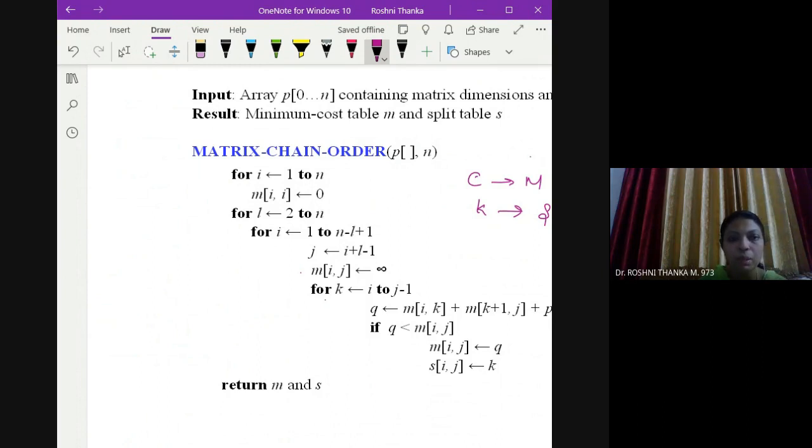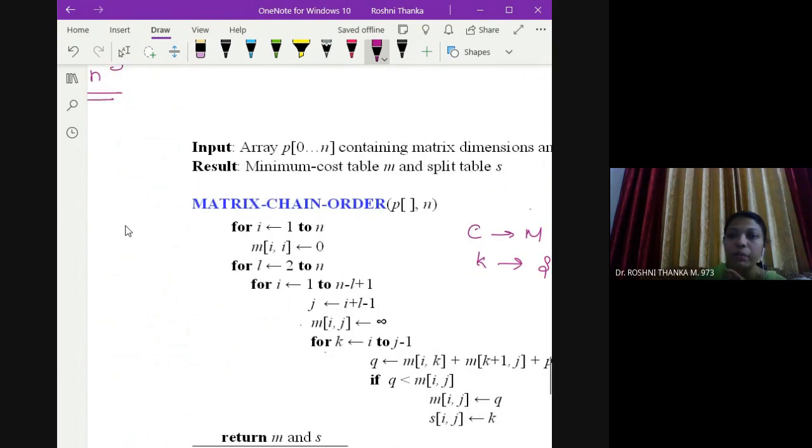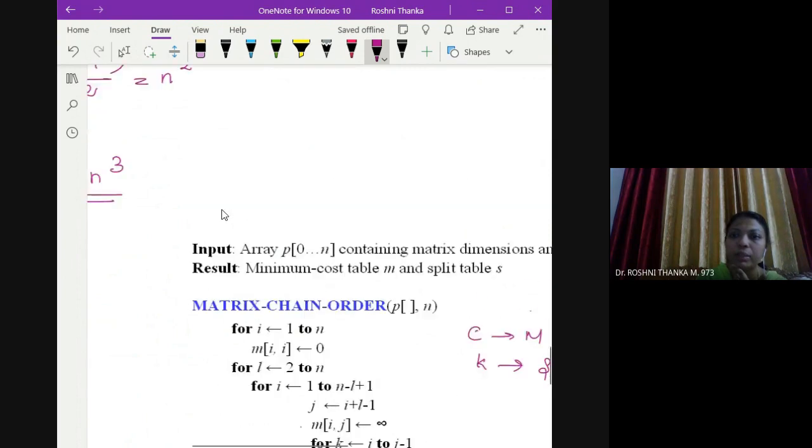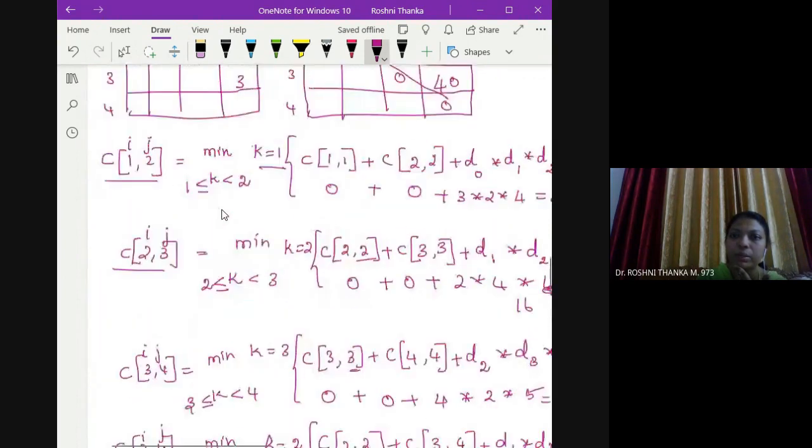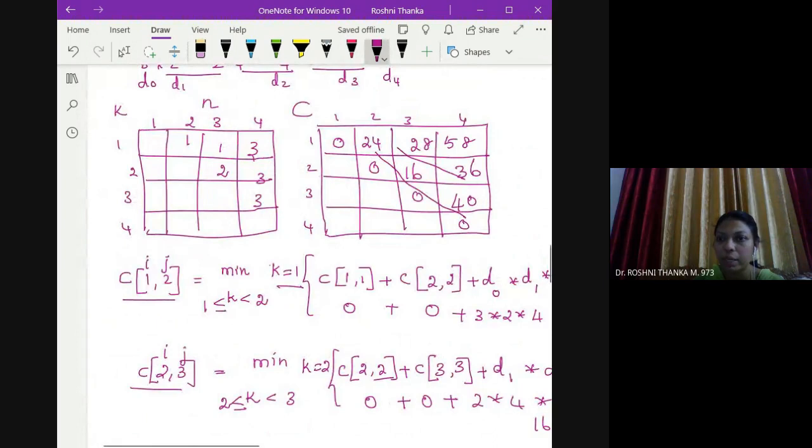For example, as I said initially, we have to calculate first whichever has the minimum difference. For the diagonal values, first we calculated this one, that is whichever has the minimum difference.